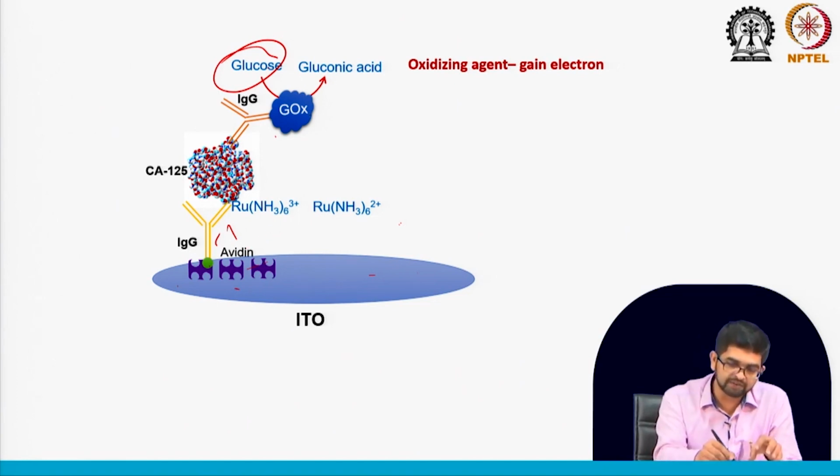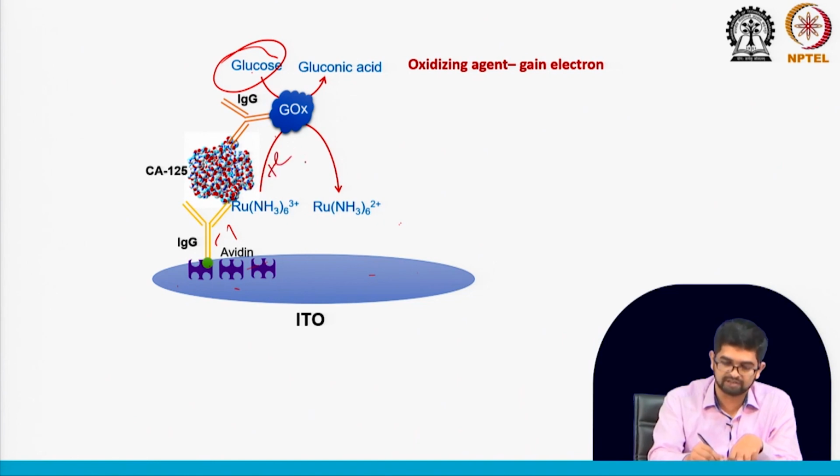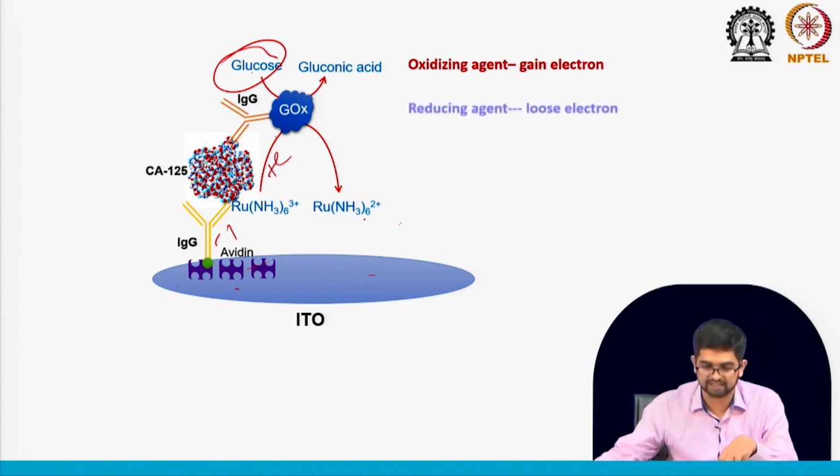Because it will help to take the electron from glucose oxidized on the glucose oxidase, and it will form ruthenium hexamine 3 plus to ruthenium hexamine 2 plus. So, it will reduce, because this electron we are getting from glucose, it oxidizes glucose oxidase, and it helps to transfer the electron. So, this reaction happens. Basically, it is getting one electron, right. So, this is the reduction.